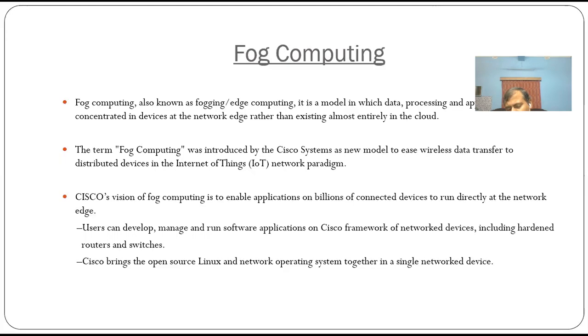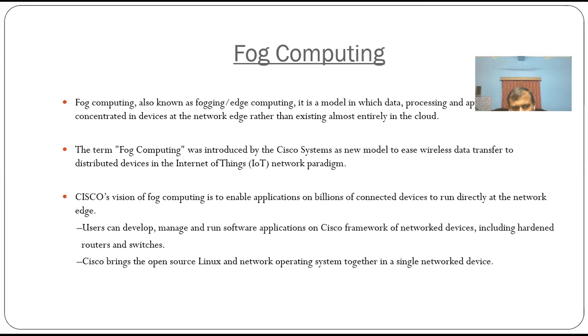So what is basically happening is that the data that we generally store in the cloud servers are being maintained, processed, and stored at some specific devices, and those devices are situated at the very edge of the local networks. So that is the usefulness, or the working principle of fog computing in general.